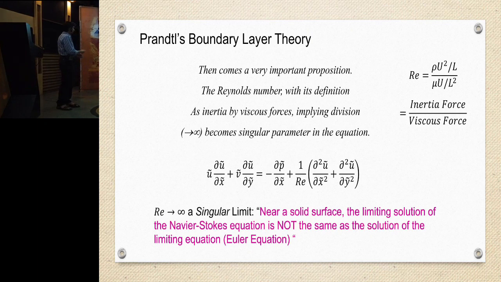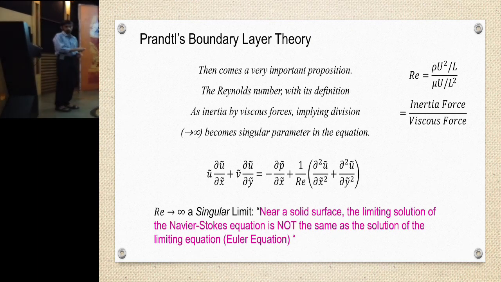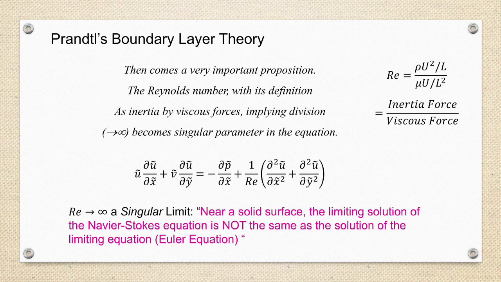Right. So that's the x momentum equation, Navier-Stokes. As Re tends to infinity, if you drop this term in the equation, you get the Euler equation. We saw this before. So as mu tends to 0 and Re tends to infinity, you can drop this term and you get the Euler equation.